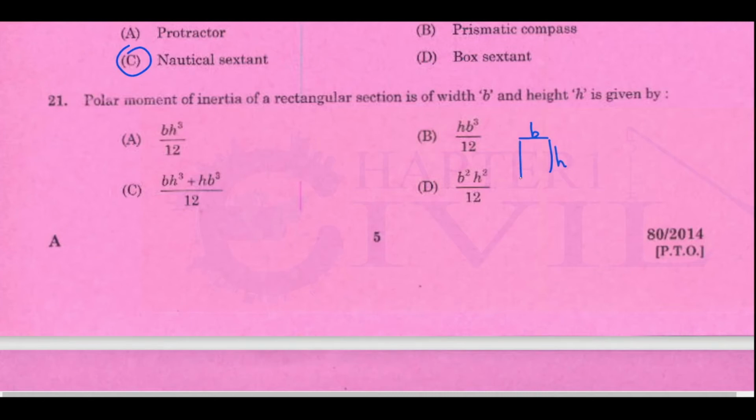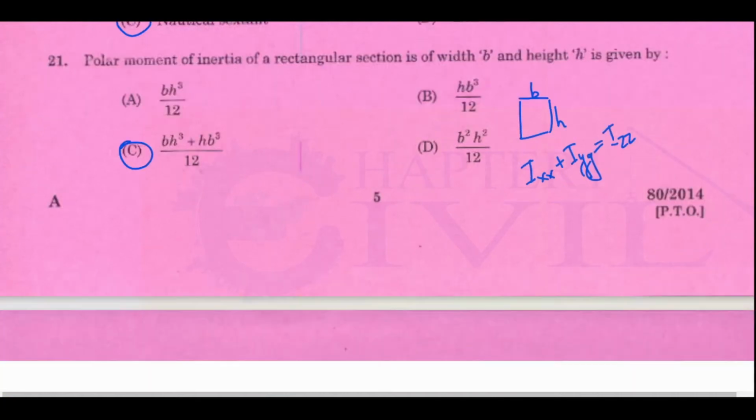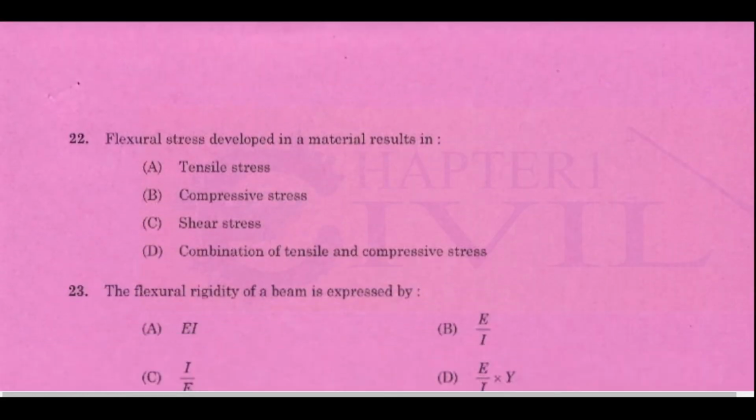Its polar moment of inertia is bh cube plus hb cube by 12. Ixx plus Iyy is Izz. Polar moment of inertia.